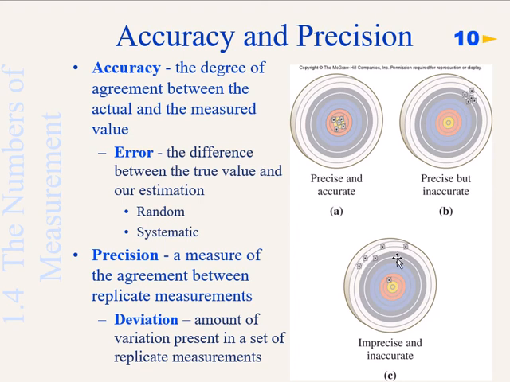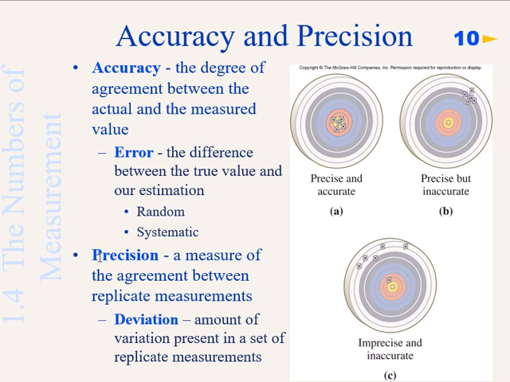If my darts are hitting in all the directions, then I'm making random error all the time. However, if all my darts are hitting in one particular direction, let's say where I'm moving the cursor here in this direction, then I'm probably having some kind of systematic error in my work. So that is accuracy and percent error. We'll learn how to calculate percent error later in the lab.